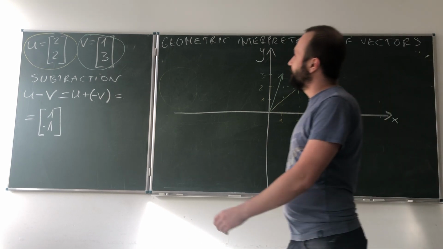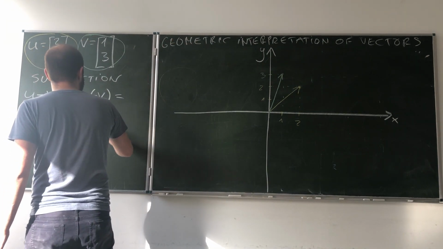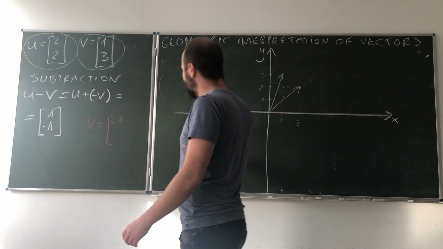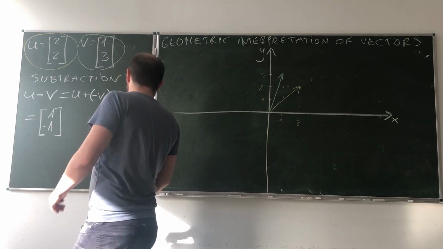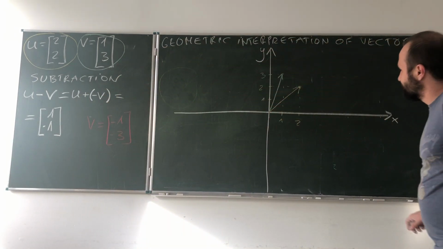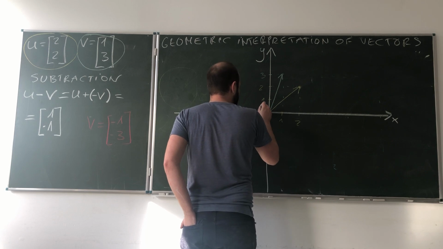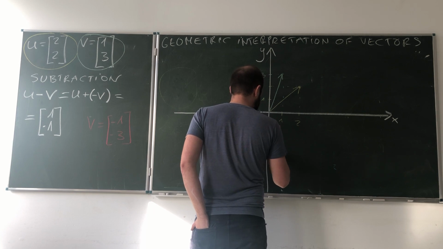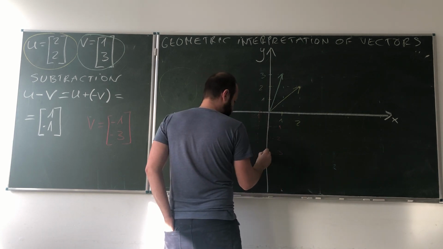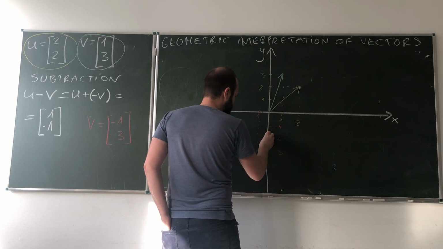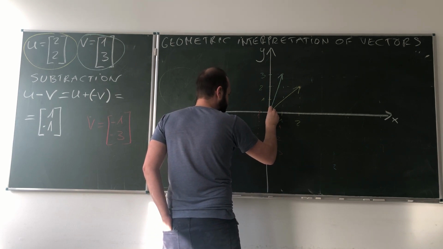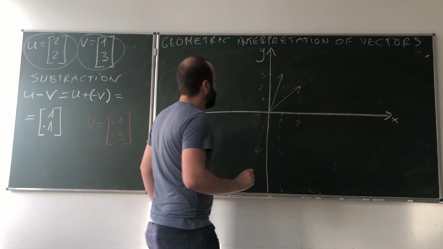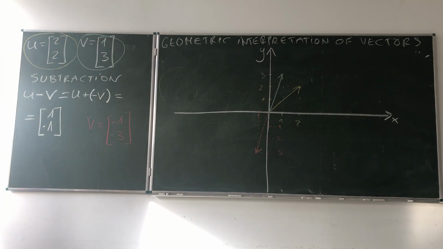So look, vector negative v would be exactly the same, but the absolute values inside the vector would be the same and everything now needs to have the opposite sign. So here I will have negative 1, and here negative 1, negative 2, negative 3. Okay, so let me connect those points. Okay, and I've got vector negative v.